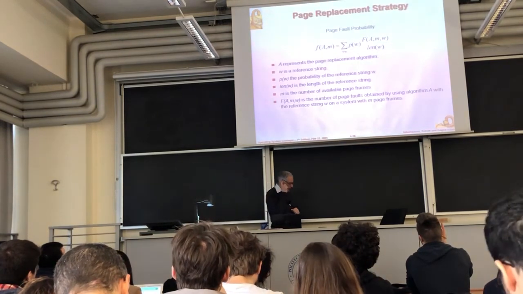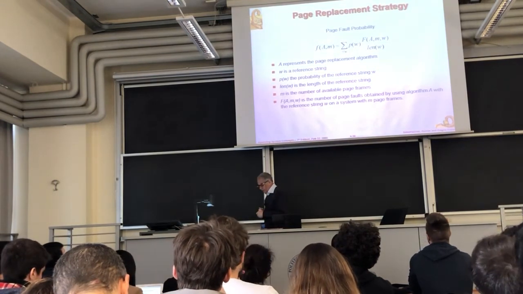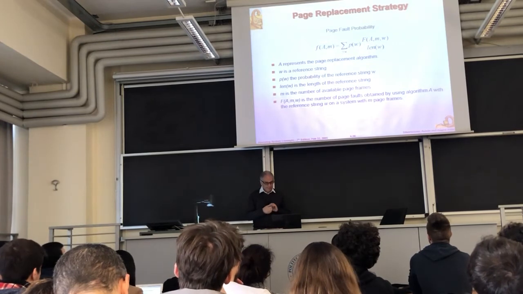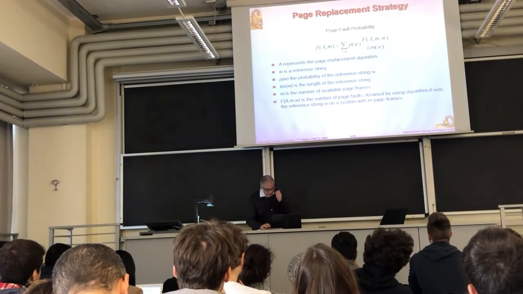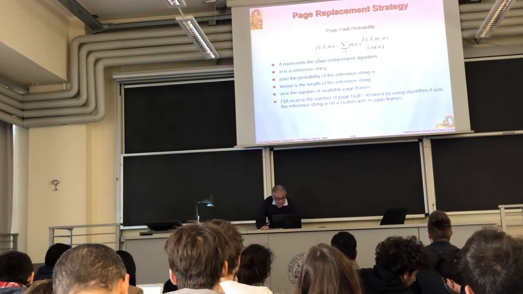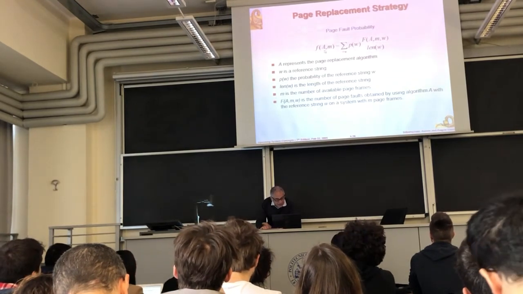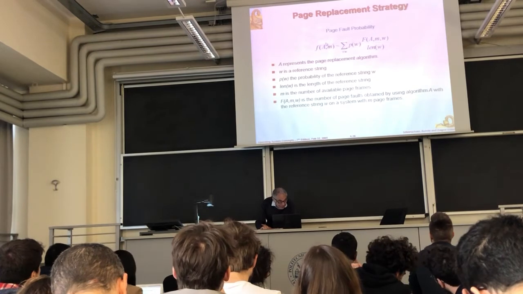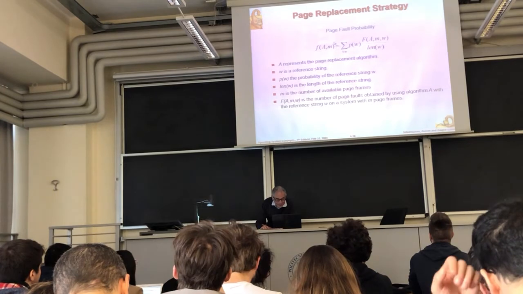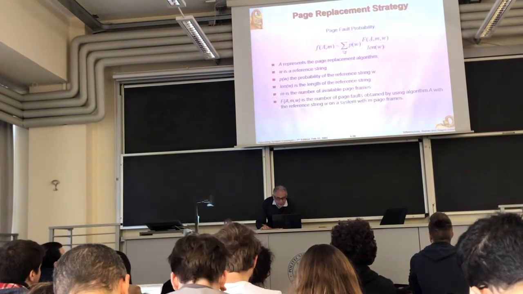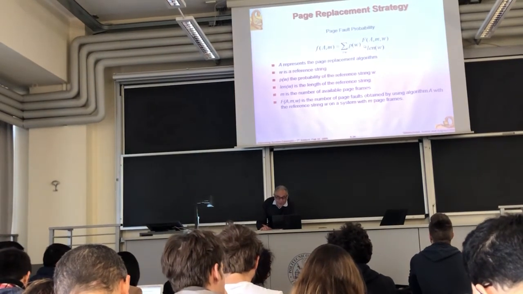How do we measure the performance of a page replacement algorithm in theory? This is measured as the frequency of page faults or probability of page fault. As you see here, it depends on the algorithm. So you may have a stupid algorithm or a more efficient algorithm, and on the dimension of memory. And of course, it's a weighted mean.